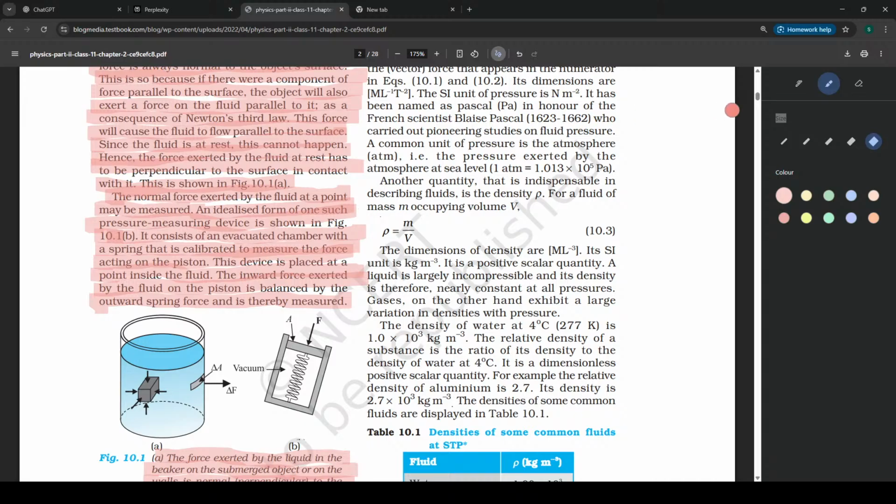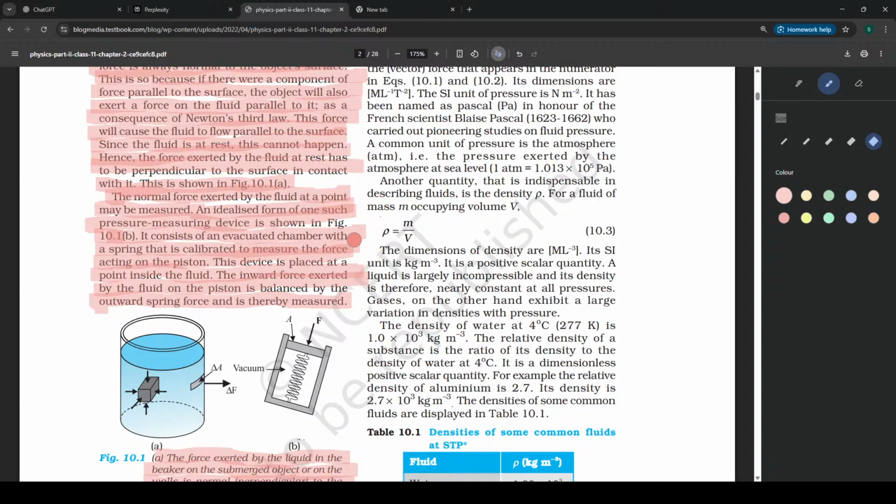Let's read that again. The normal force exerted by the fluid at a point may be measured. If we want to measure the force exerted by the fluid at a point, then we use a pressure measuring device. It's a pressure measuring device, not an idealized one. This is just for showing here.